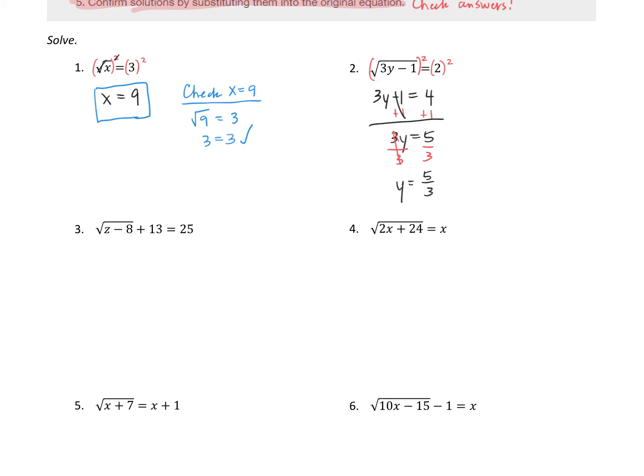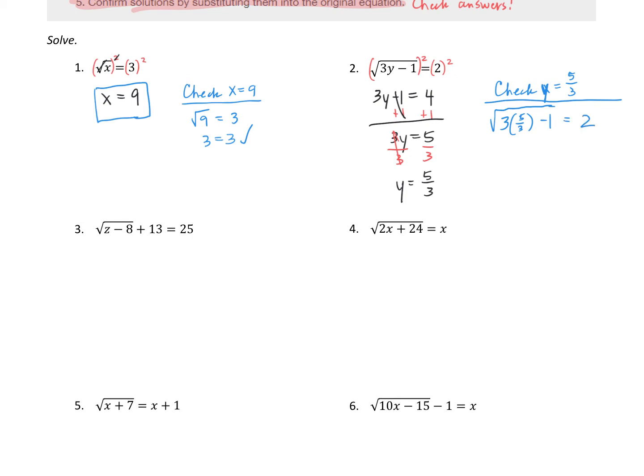I think that's a solution, but in order to know for sure, I need to check it. And I'm going to put x, but I should be putting y. So I'm going to check y equals 5/3. So I'm just going to plug that into the equation. So the square root of 3 times y, so I think y is 5/3, minus 1 is equal to 2.